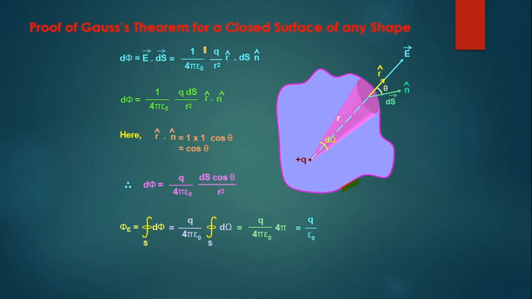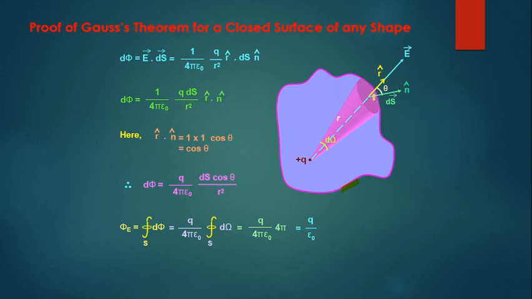So d phi is equal to E ds. At this distance r, the electric field due to this point charge is equal to 1 divided by 4 pi epsilon naught, q divided by r square, r cap dot ds. Actually, r cap and n cap are not in the same direction.